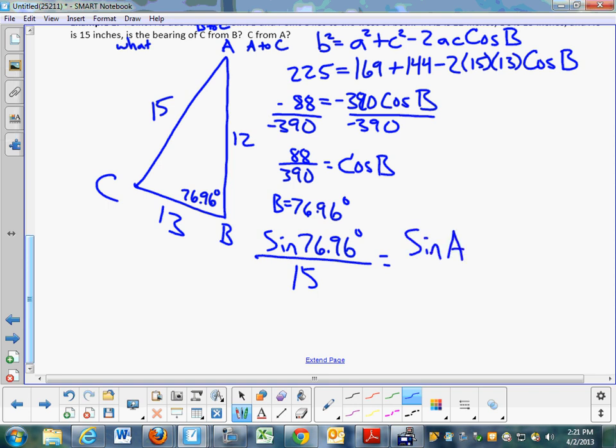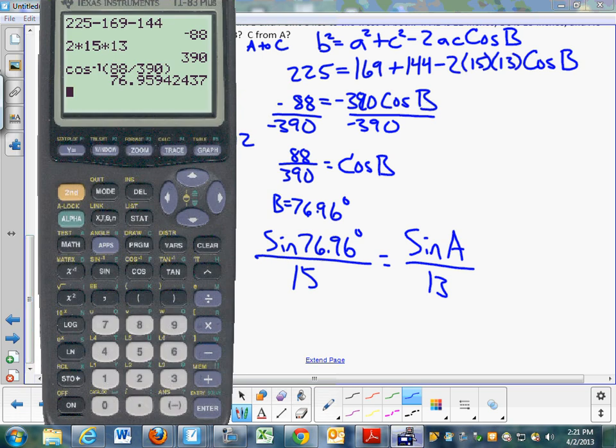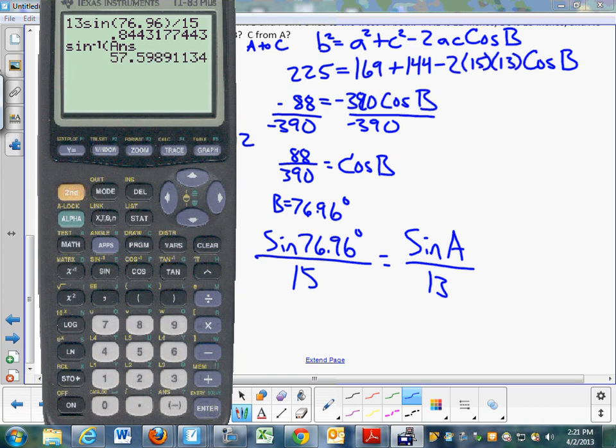I'm going to use A, because that's just what I feel like doing. And here I go. 13 sine 76.96 divided by 15. 1844, inverse sine of the answer, and I get 57.60.